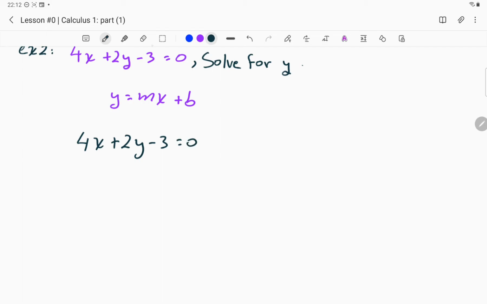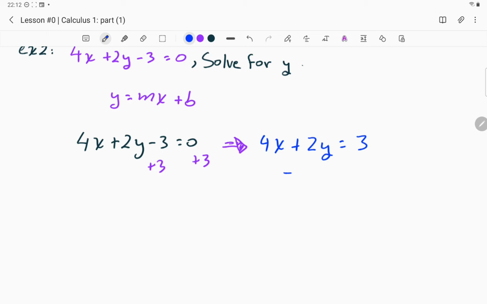Now obviously, first step, you add 3 to each side. That would make it so that 4x plus 2y equals 3. And obviously you're going to go ahead and solve for y.